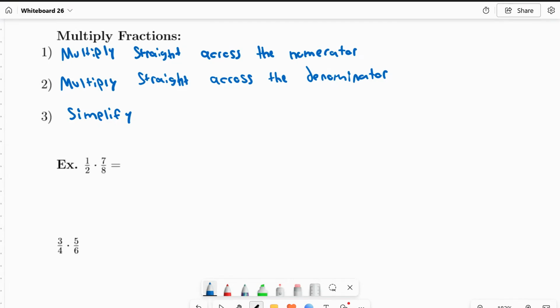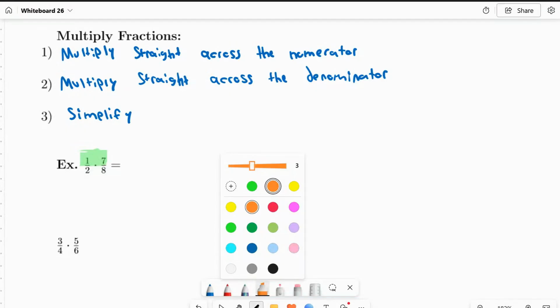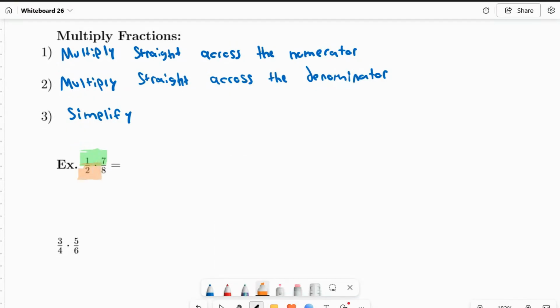Our first example here, I have 1/2 times 7/8. Let's multiply straight across the top in the numerator and straight across the bottom in the denominator. So 1 times 7 gives me 7. 2 times 8 gives me 16. Then you have to check, can you simplify either of these?